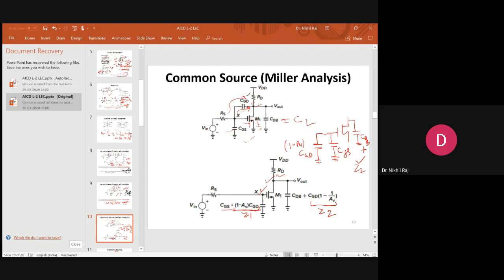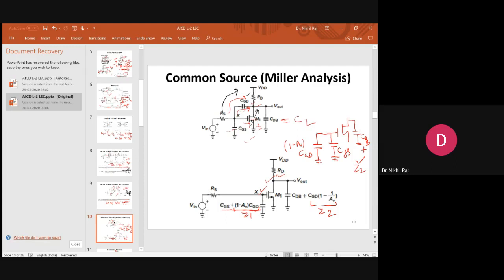Input is X, output is V out. Between output and input X, there is a common component CGD. This means here I can apply Miller's theorem, because the signal path is through the M1 transistor towards the output, and my feedforward path is through CGD. So they are not clashing. So I can easily apply Miller's theorem here.